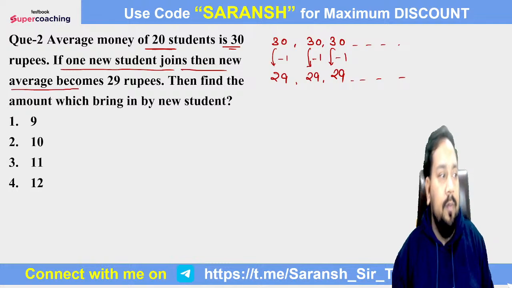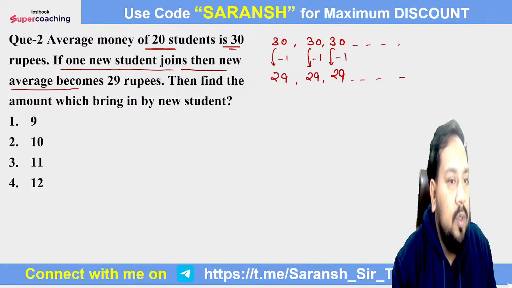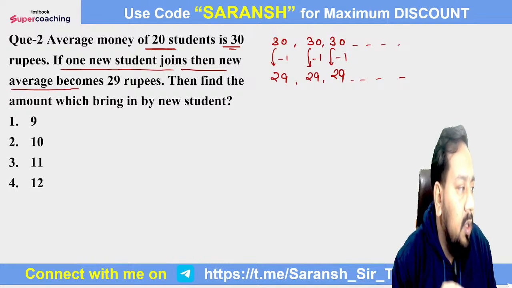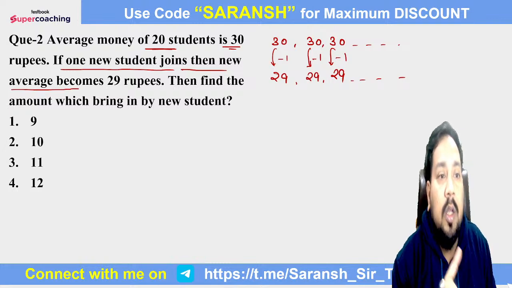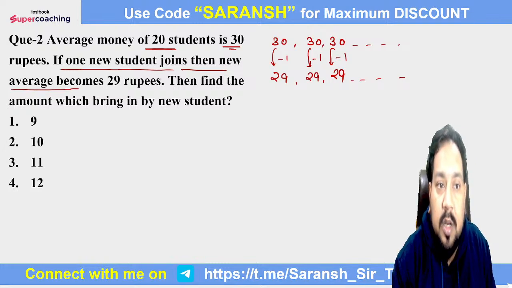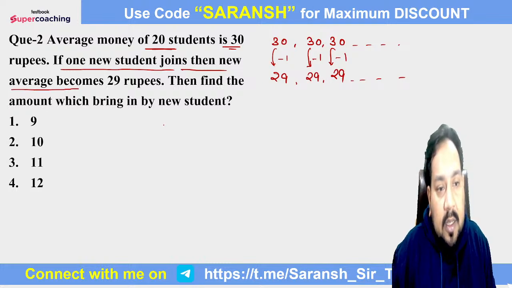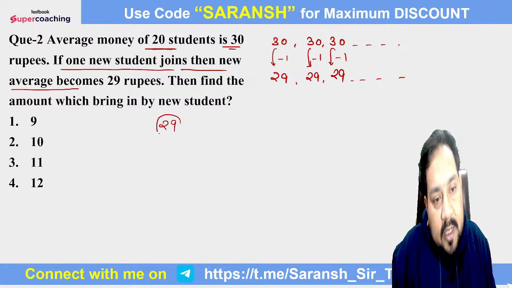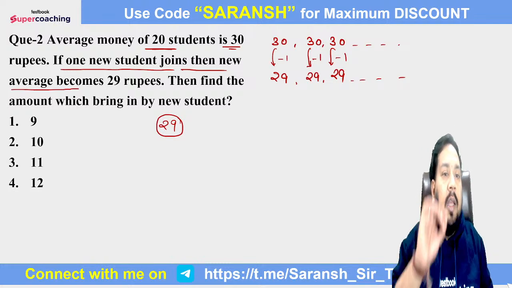So 20 students dropped their 1 rupee. It means 29 is the average, so the new student has 29 rupees at this time.